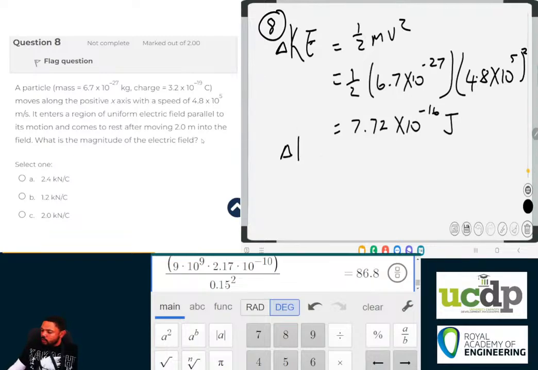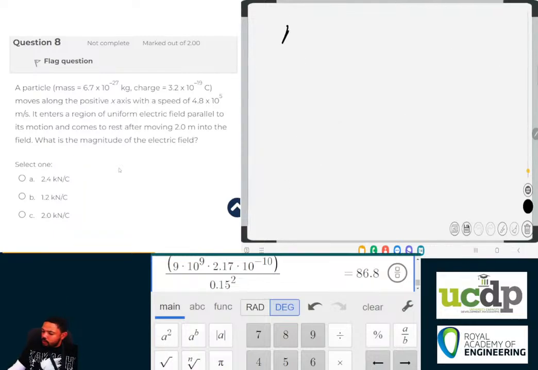Now we know that the change in kinetic energy is exactly equal to the change in its potential energy, meaning what it loses in kinetic energy since it comes to a stop, it will gain in potential energy. Now we know a formula for potential energy. Let me just write it: the potential energy is equal to Q times the electric field in the direction of movement times the distance that we move through, x final minus x initial.